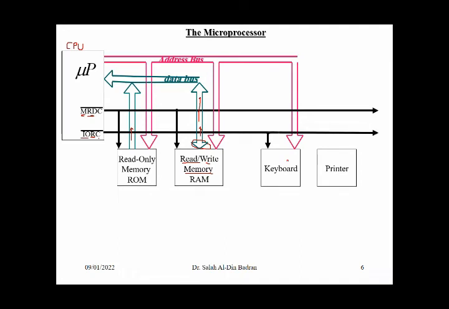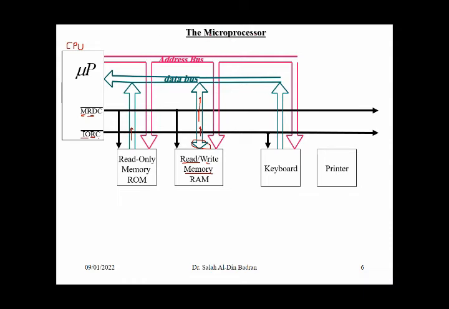here, and it goes, of course, if there are other devices such as keyboard or any input device, and will take the data that the user already typed and send this data to the microprocessor to process it. This is why we call it processor. Why micro?